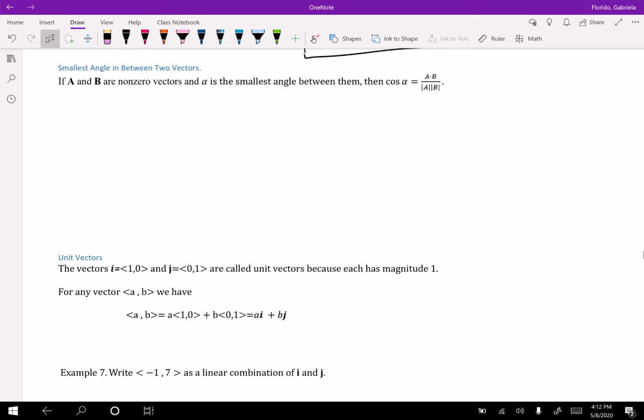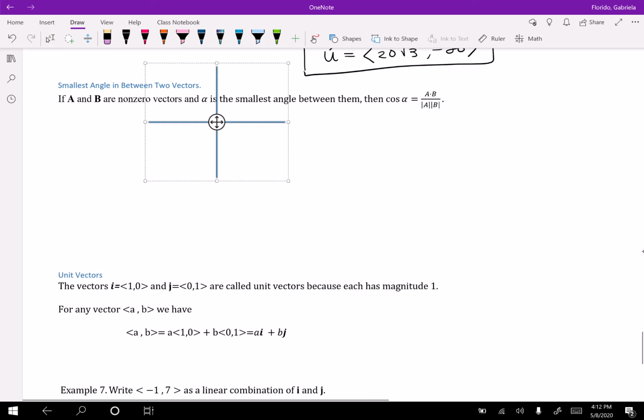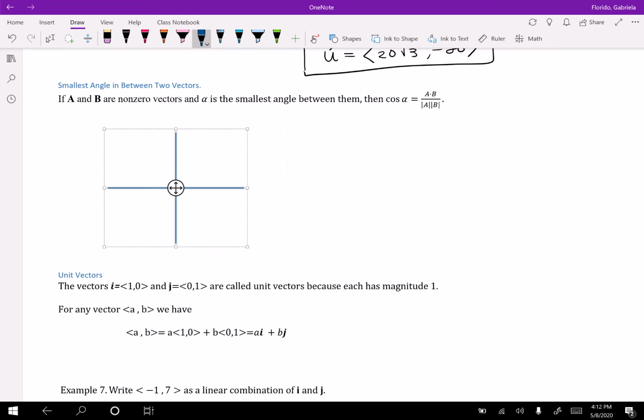So what do I mean by the smallest angle? Let me draw here, let's suppose that we have the Cartesian plane, and vector A is maybe in the first quadrant, and vector B is in the second quadrant.